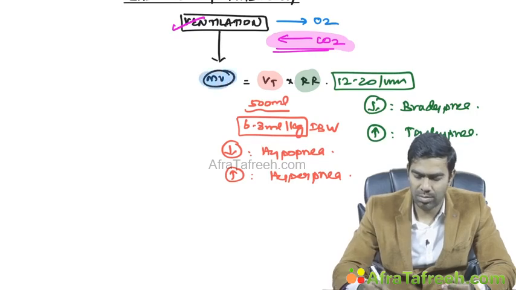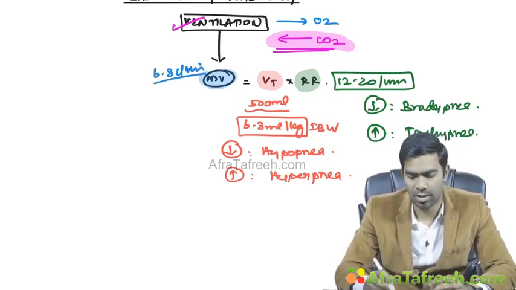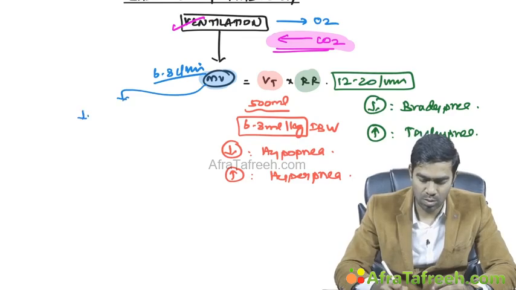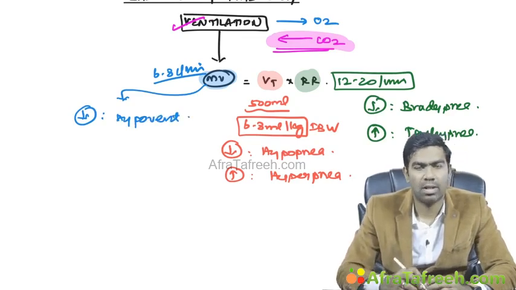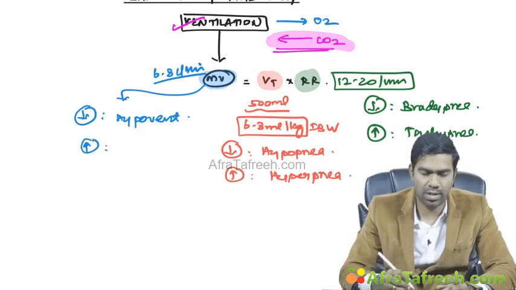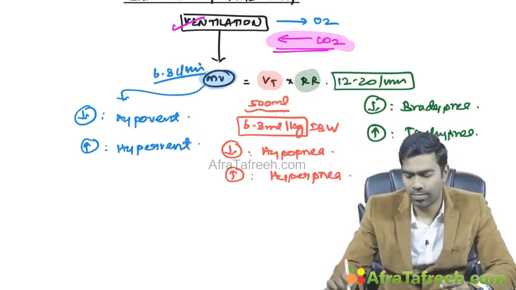Then finally, coming to minute ventilation, normal is approximately 6 to 8 liters per minute, depending on the tidal volume and the respiratory rate. If you have a low minute ventilation, we say that this patient is suffering from hypoventilation. And if you have an increased minute ventilation, we say that this patient has hyperventilation. Clear?